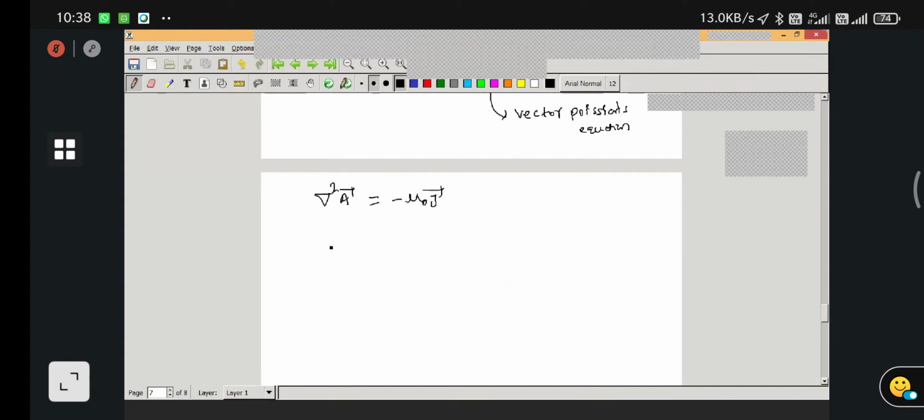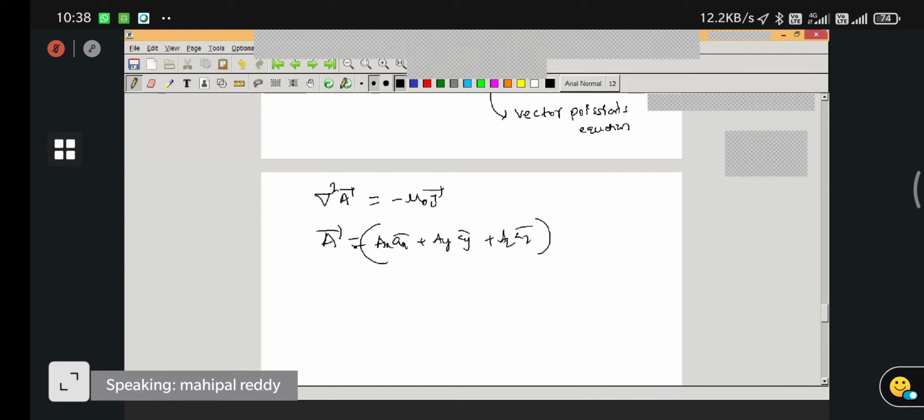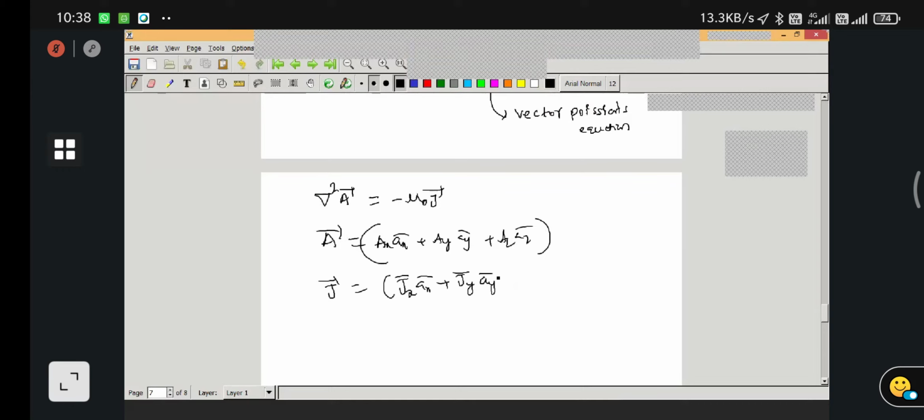The A vector in xyz coordinates can be written in vector form as Ax ax plus Ay ay plus Az az. Same for the J vector: Jx ax plus Jy ay plus Jz az unit vectors.